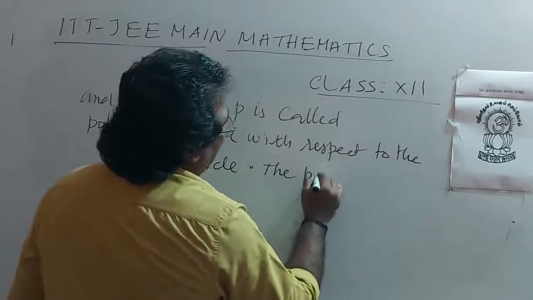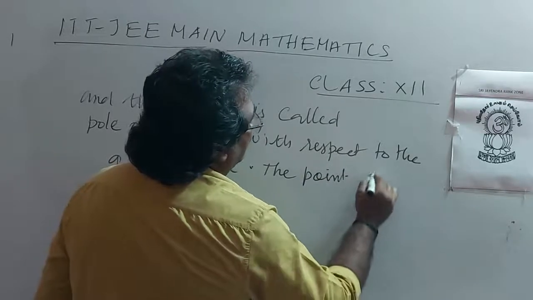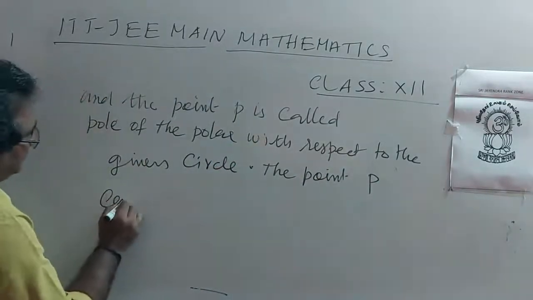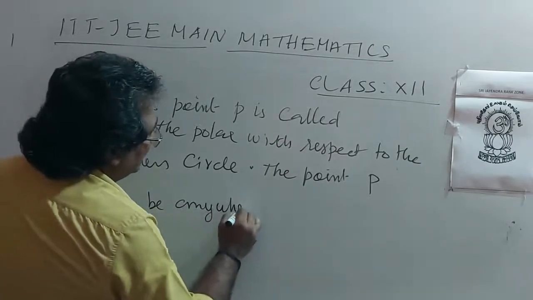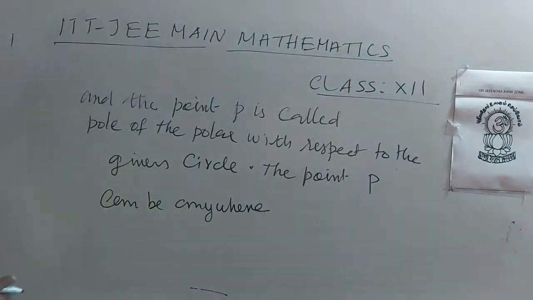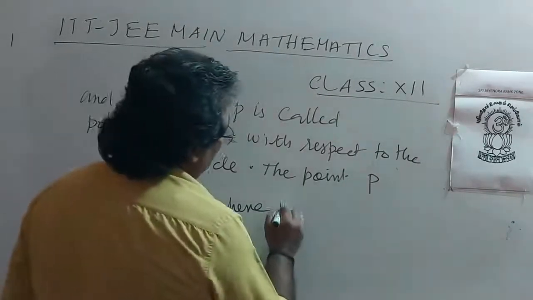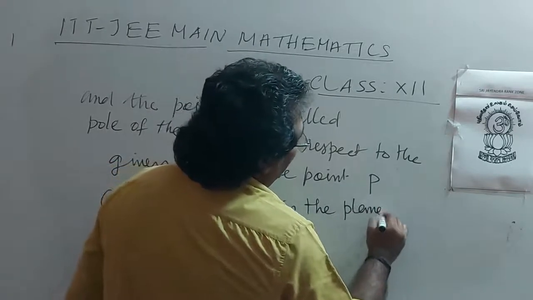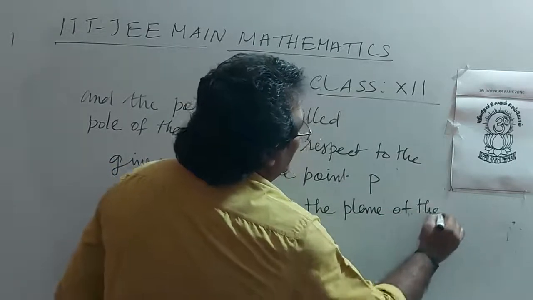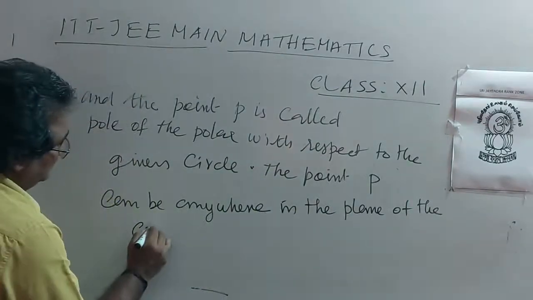The point P can be anywhere in the plane of the circle.